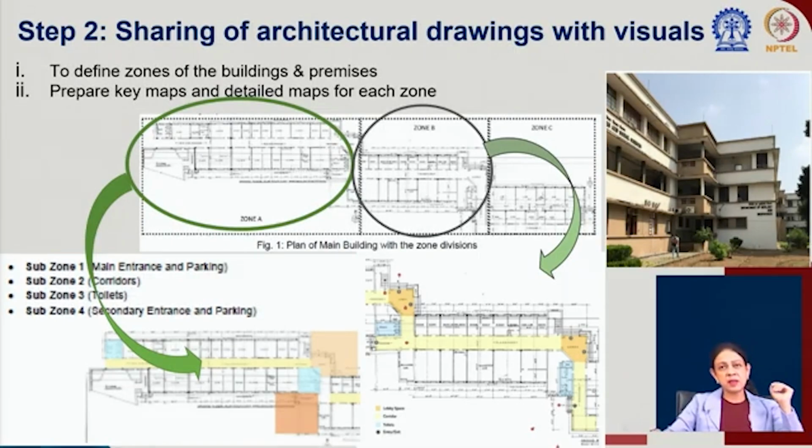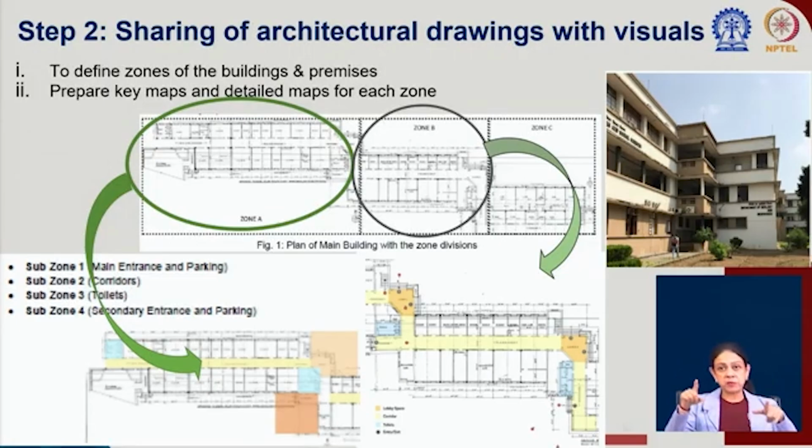As I said, first you try to get the building plans, the architectural drawings. It is required to have the as-built drawing. I am sure architects and engineers are familiar with this term. So, as-built architectural drawings are required.